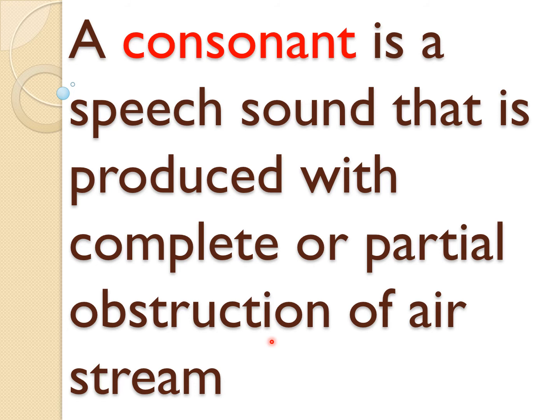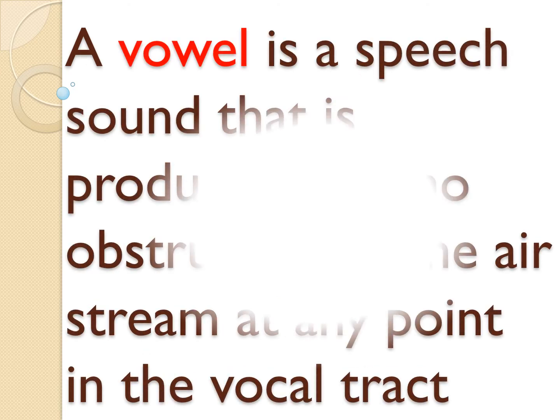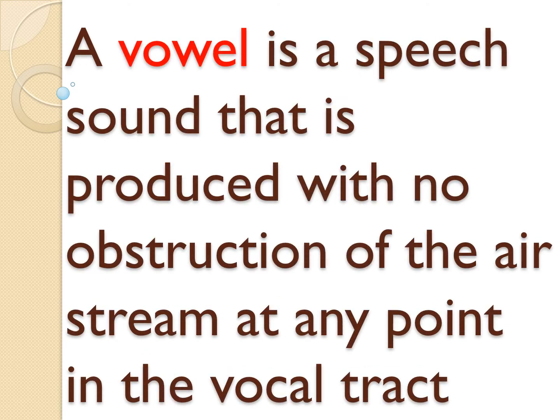Now, in the production of a consonant, there is a complete or partial obstruction of air. The air that goes out of the lungs is obstructed, is blocked, is stopped, either completely or partially at a certain point in the mouth. We'll talk about this in detail later. On the other hand, when we produce a vowel, there is no obstruction of the airstream at any point in the vocal tract.